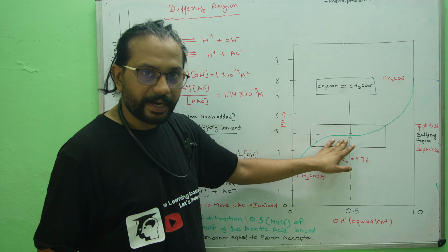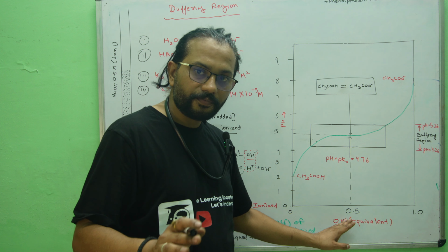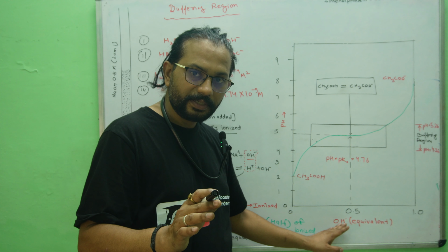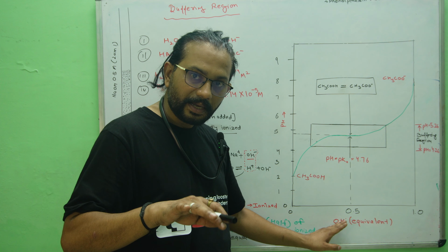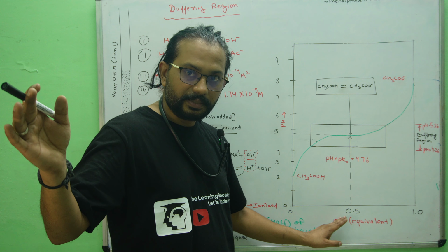At the midpoint, half the equivalent of NaOH is utilized and half of the acetic acid is ionized.